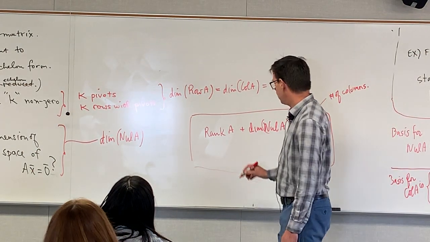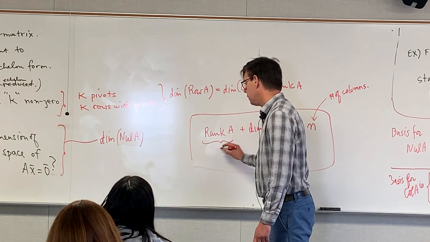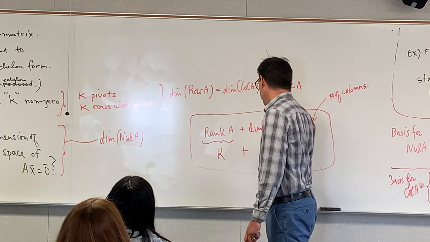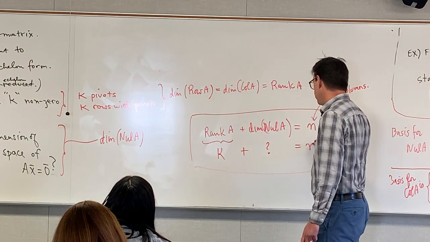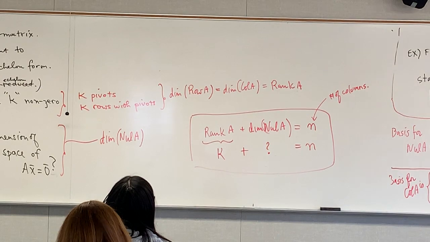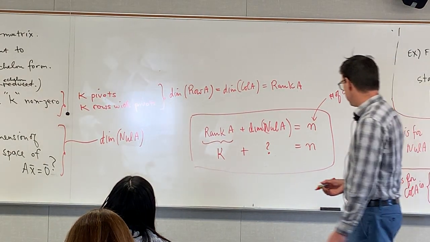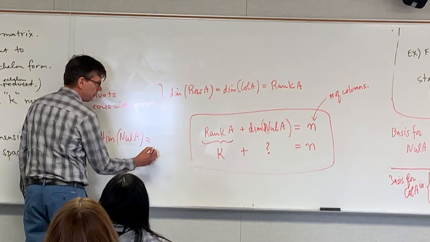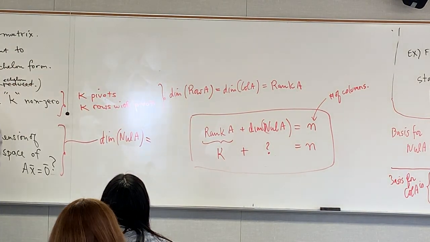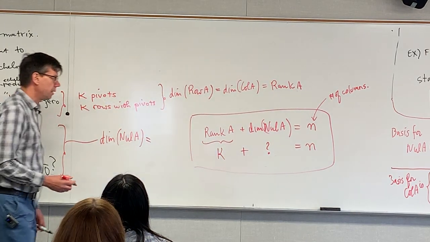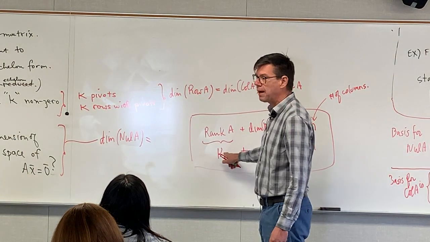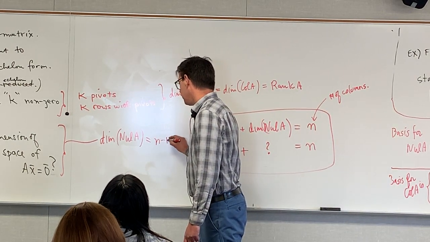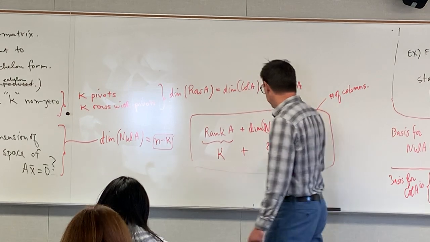So what are we saying? We're saying the rank is K. We're trying to figure out the dimension of the null space. We know the number of columns is N, so the dimension of null A has to be exactly N minus K. It's just like solving for the question mark.